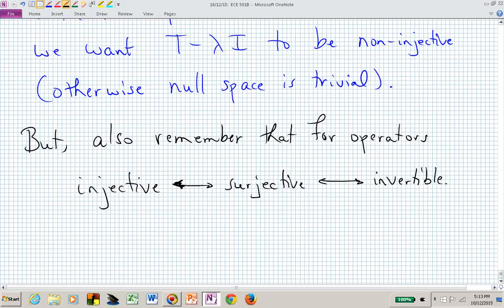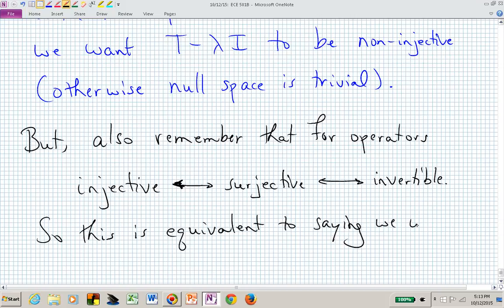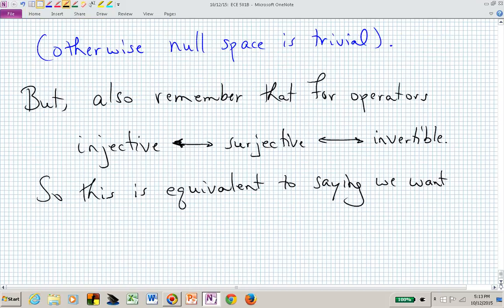So now what we are saying is equivalent to saying we want T minus lambda I to be non-invertible.